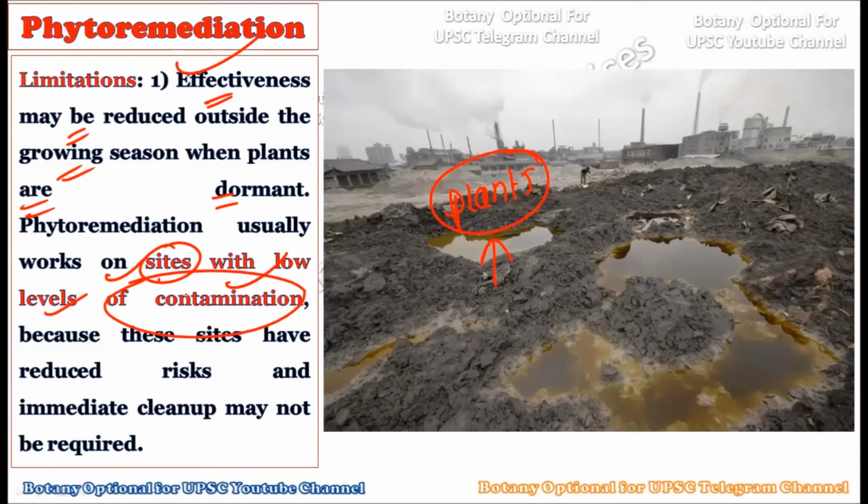So phytoremediation has this limitation that it should limit itself to small contaminated areas only, and it will not go further than that, because plants do not have the ability to grow in heavily polluted areas. Now, these sites have reduced risk, and immediate cleanup may not be required. So if the area is less contaminated and there is no emergency to recover that particular land, then and only then will phytoremediation work.